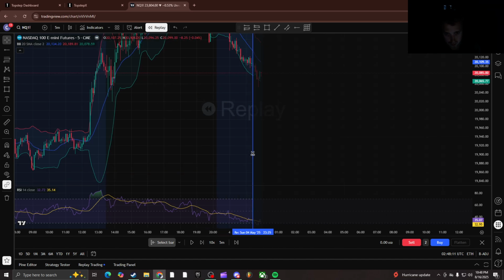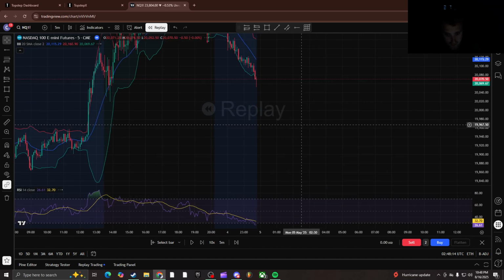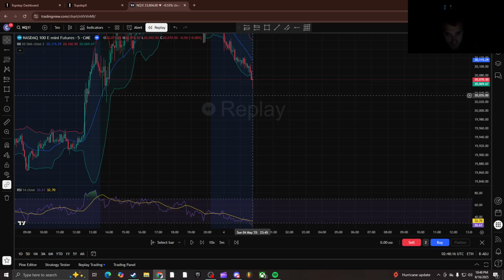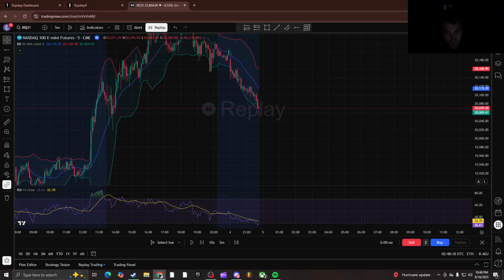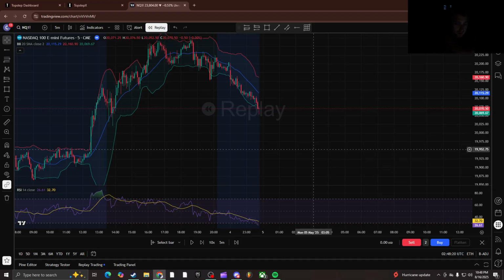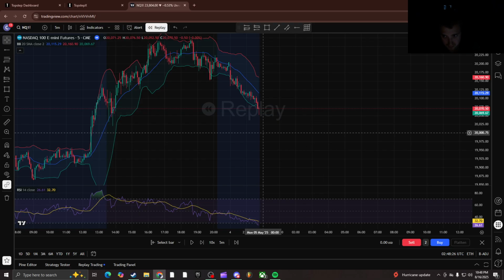Let's go back to that bar right there. This is the bar that's oversold. This is where it kind of goes into play. This wouldn't be an entry just yet, because you could say this is a nice little liquidity pocket with all these wicks.